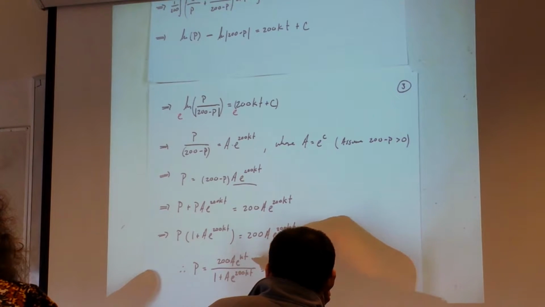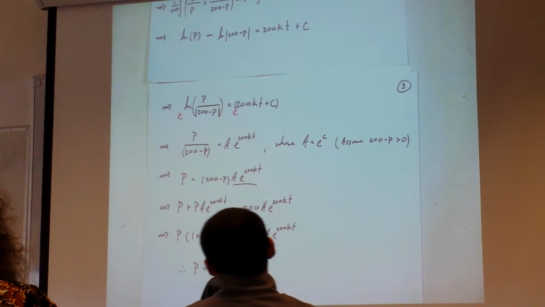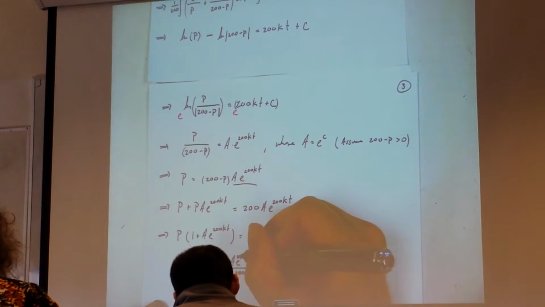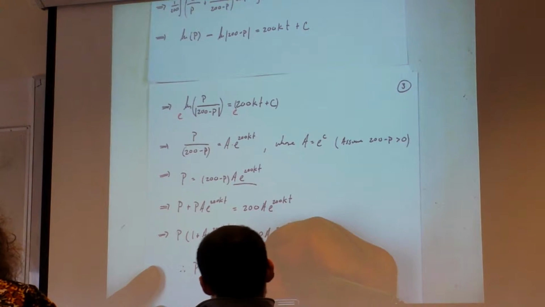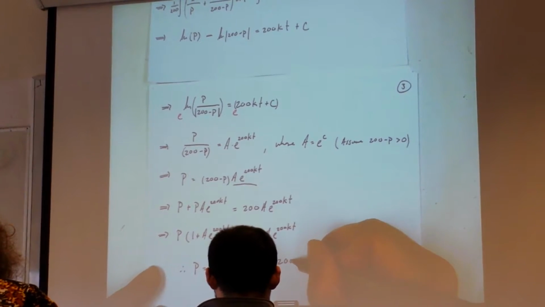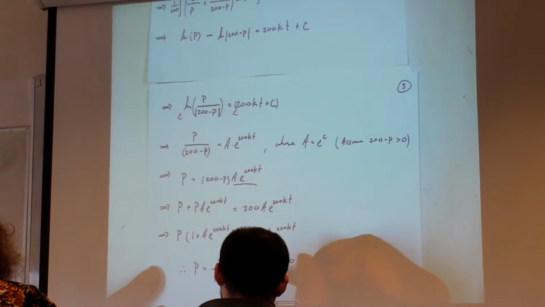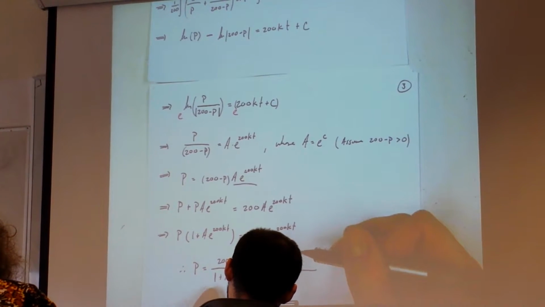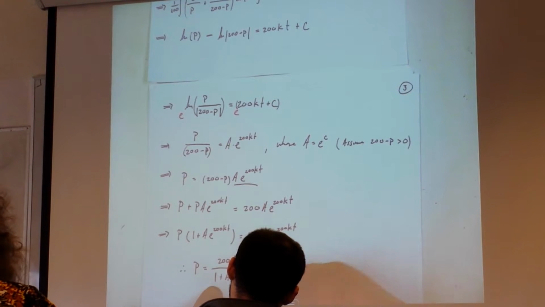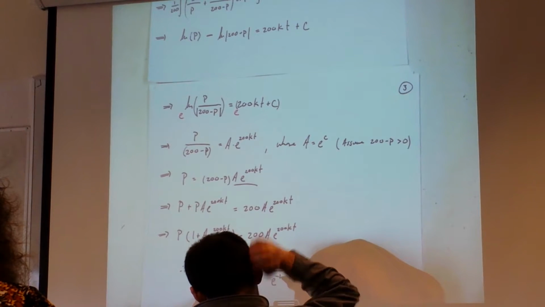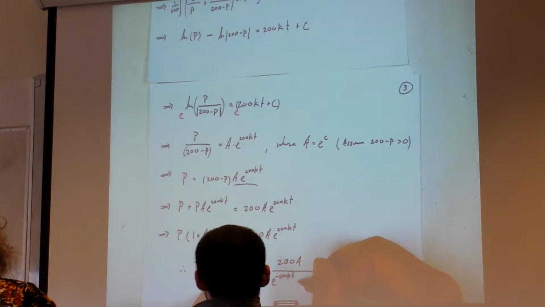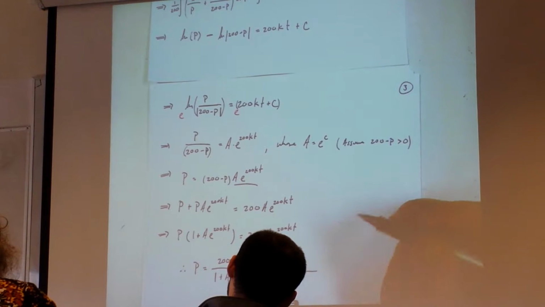Shouldn't the top be 200 a e to the 200 kt? Yeah, 200 right there. Okay, divide numerator and denominator by e to the 200 kt. You have the e to the 200 kt canceling on top. And in the bottom, I'd have 1 over e to the 200 kt, that's going to be e to the negative 200 kt, plus a.